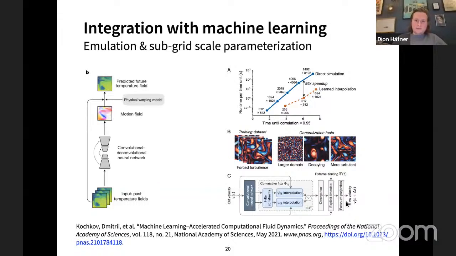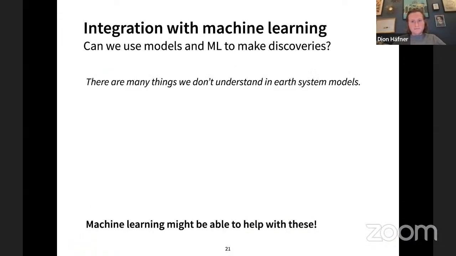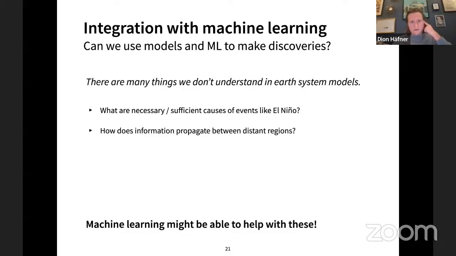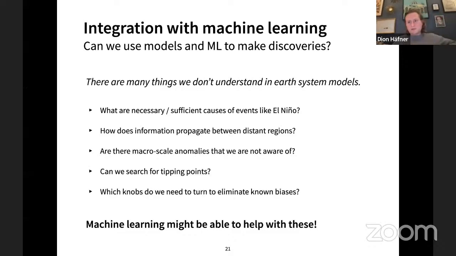Really, I think for the first time in history, at least with these fancy autodiff schemes. And similar things are done for subgrid scale parameterizations. And yeah, to close, I think the synergy with machine learning is really exciting also to me, because there are so many things that we don't understand as humans about GCMs.